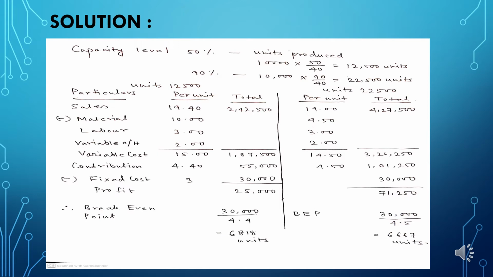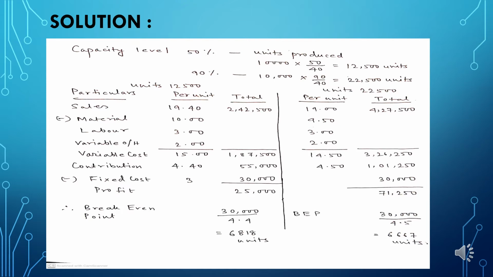So fixed cost at the lowest level is 3 into 10,000 units, which was the unit of the 40% capacity. If we multiply that, we get the fixed cost fixed at 30,000, irrespective of the increase of productivity.